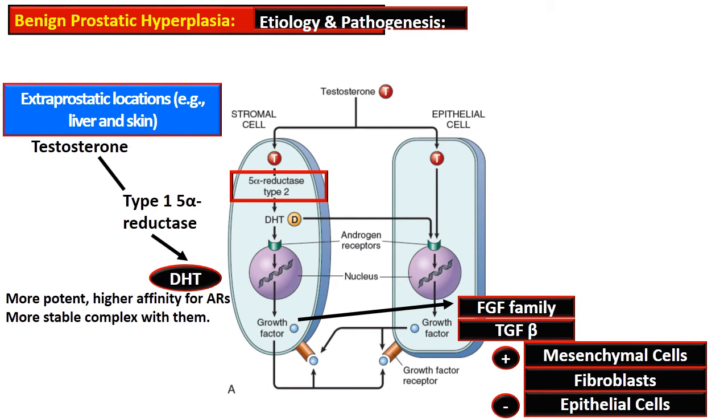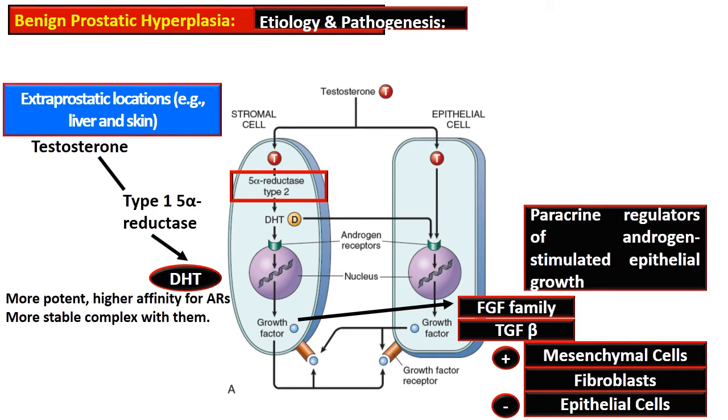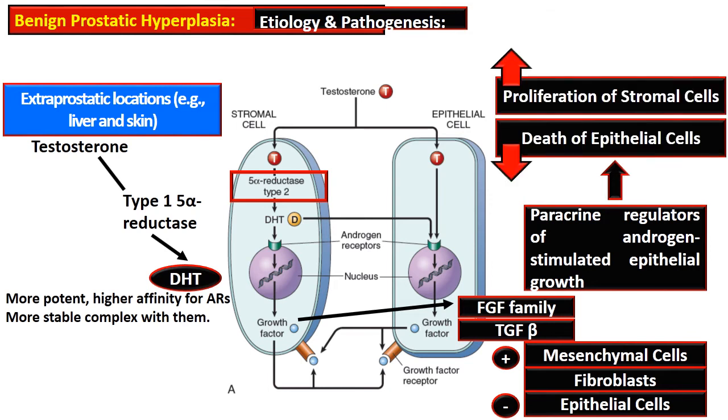The transforming growth factor beta acts as an inducer of cell division, that is a mitogen for the fibroblast and other mesenchymal cells, but inhibits epithelial proliferation. Although the ultimate cause of BPH is unknown, it is believed that dihydrotestosterone induced growth factors act by increasing the proliferation of stromal cells, and they decrease the death of the epithelial cells.